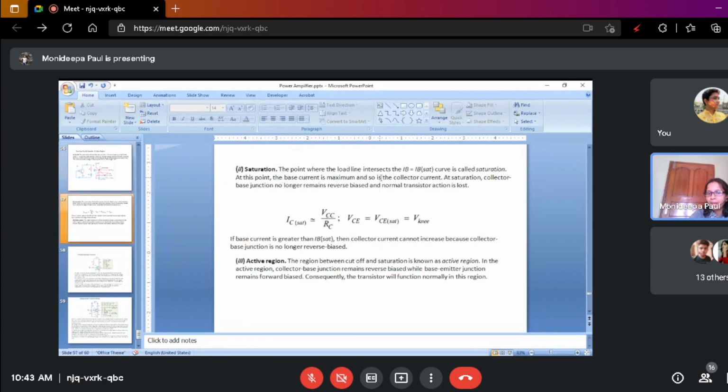The base current is maximum, and so is the collector current. At saturation, collector base junction no longer remains reverse bias, and normal transistor action is lost. When IB saturated, IC also saturated. Therefore, collector emitter junction is not in reverse bias condition.